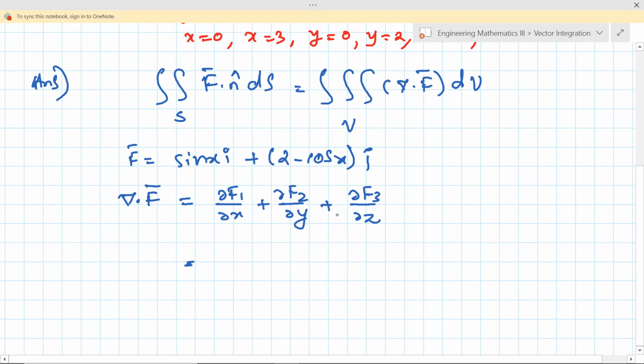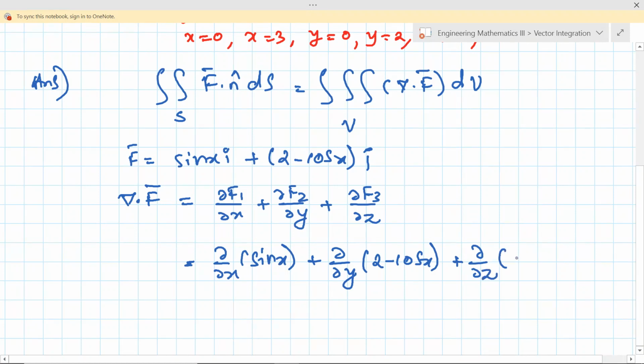F1 is sin x, so this is del by del x of sin x, plus F2 is 2 minus cos x, so del by del y of (2 minus cos x), plus del by del z of 0, because F3 is not there.